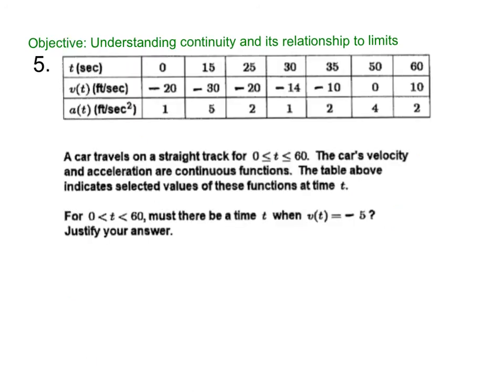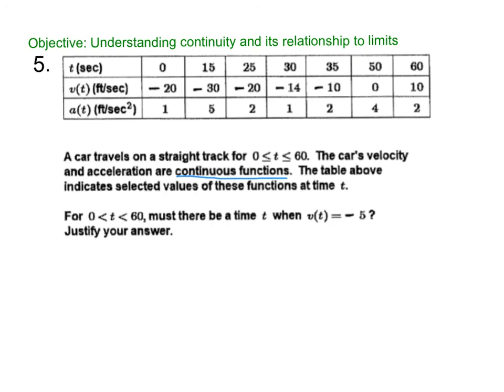All right, so now here is an example of an AP problem that you could see on the test. It's usually a part of another problem. It's pretty common. It was on last year's exam, something like this. A car travels a straight track. The car's velocity and acceleration are continuous. Notice they say continuous. They have to say that.